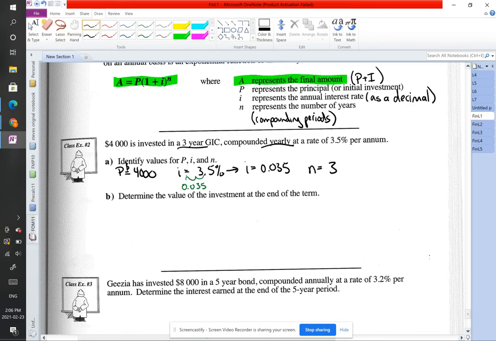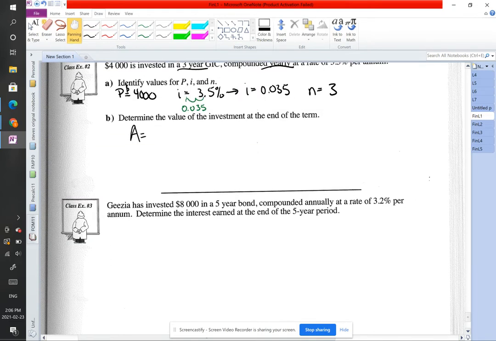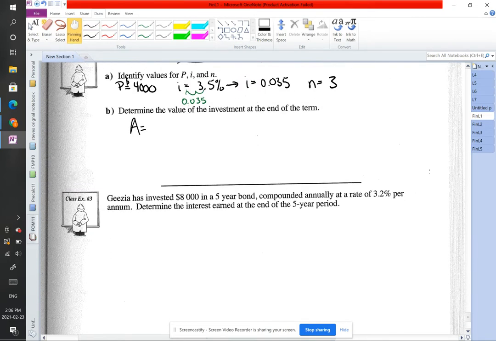Now we can do that calculation. So A is equal to P multiplied by 1 plus I to the power of N. So we know that A is equal to, well, our P is 4,000, 1 plus our interest rate, which is 0.035, all to the power of 3.